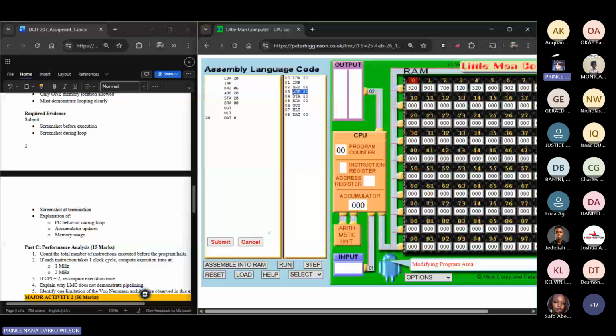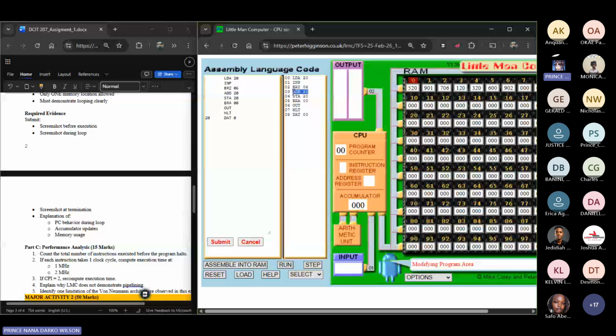Now we step it again. Hello. I don't know for others, but your screen is frozen. Guys, is that a shared problem or is it just me? Yeah, same here. My screen is frozen.